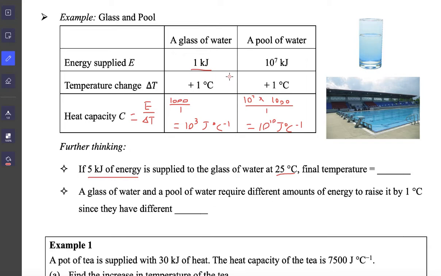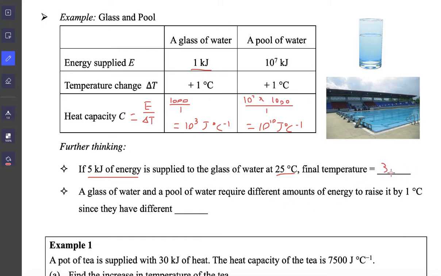Refer to here, a glass of water requires 1 kilojoule to change its temperature by 1 degree Celsius. So what if we supply 5 kilojoule? It's 5 times the energy here, right? So the temperature change would also be 5 times greater. So if we supply 5 kilojoule, the temperature will change by 5 degrees Celsius.